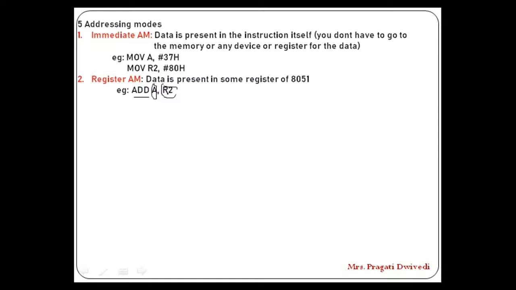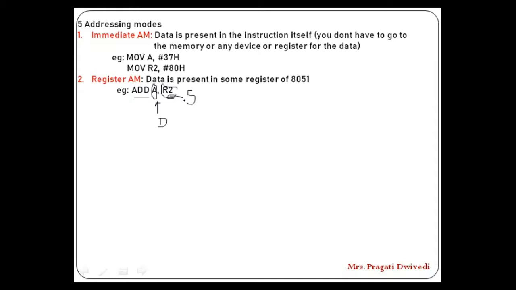And as I said, whatever is on the right hand side is your source, and whatever is on the left hand side is your destination. It is very important to understand that whatever the result is, it will go into the accumulator. Hence we call the register on the left hand side the destination, though A plus R2 or R2 plus A both mean the same.